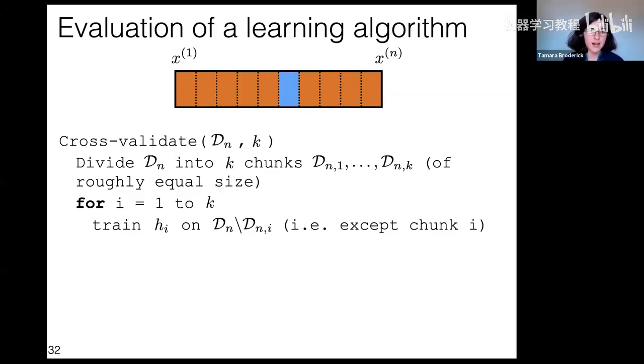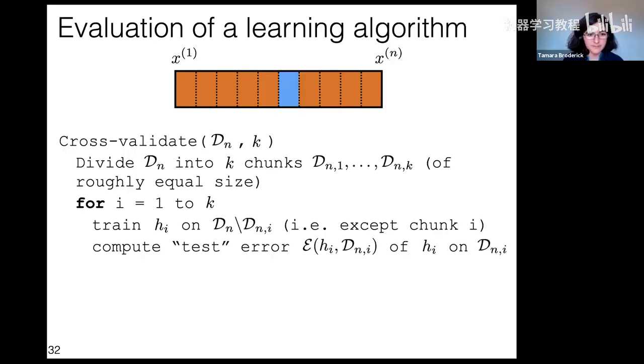That's what this notation means: DN backslash DNi means we take all of DN except we remove the ith chunk. In the illustration at the top, that's all of the orange data. So we take chunks 1 through 5 and chunks 7 through 10, and we leave out the 6th one. What we get out from that is what we call hi, the classifier returned by our learning algorithm.